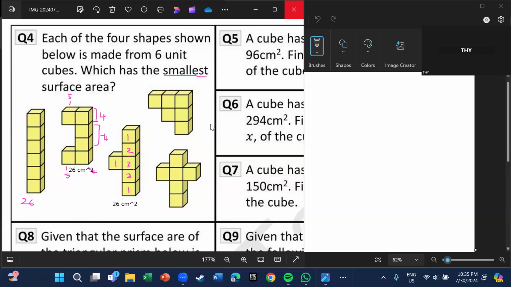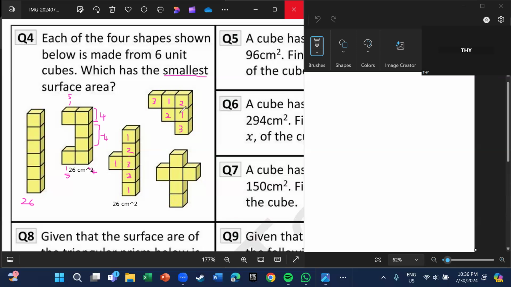And then for this shape, it is slightly harder, but do not worry. We're going to use the same labeling method. So this is 1, this is 1, this is 2, 2, 3, and 3.